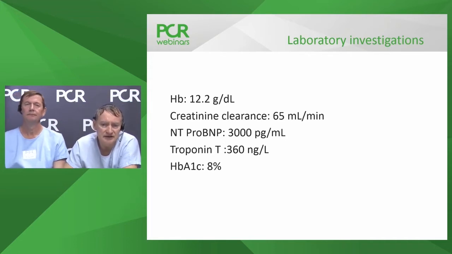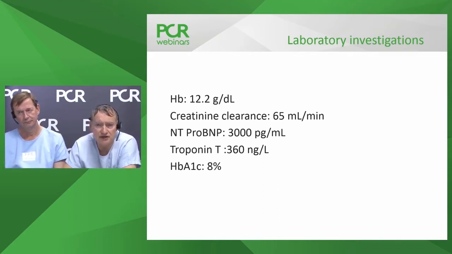When he arrived in our institution, he was in congestive heart failure, and the level of NT-proBNP was high, 3,000 picogram per milliliter, with a high level of troponin T, because the normal range in our institution is less than 30, and he has 360 nanogram per liter.